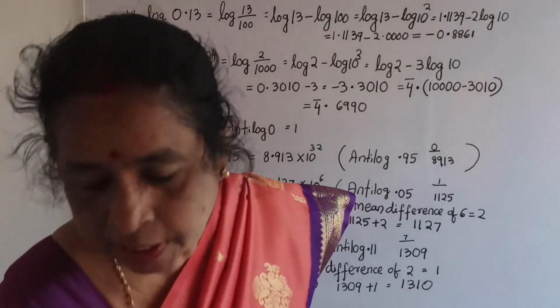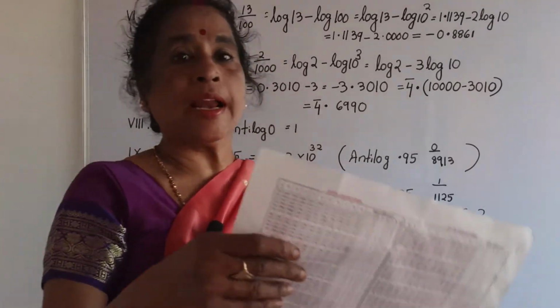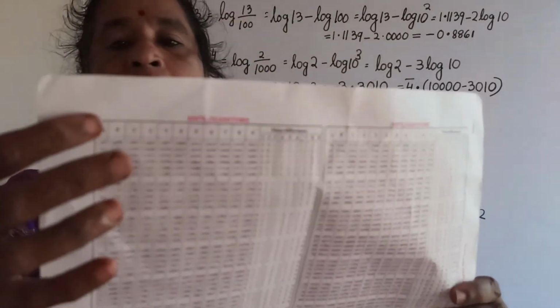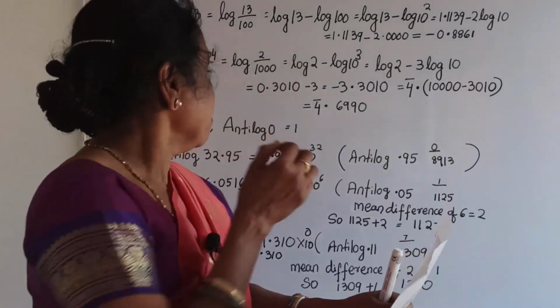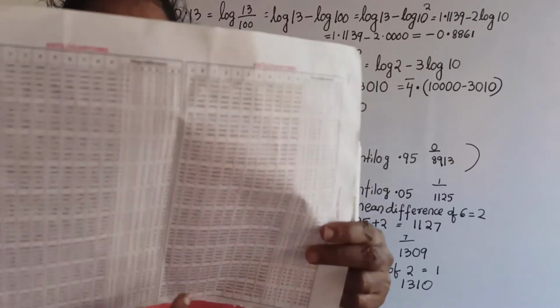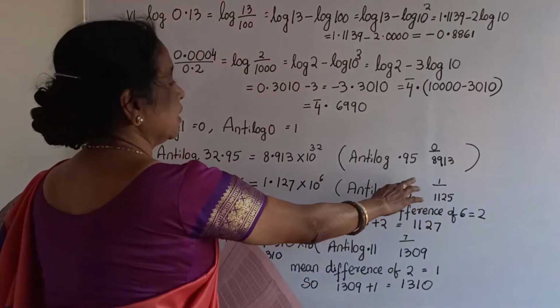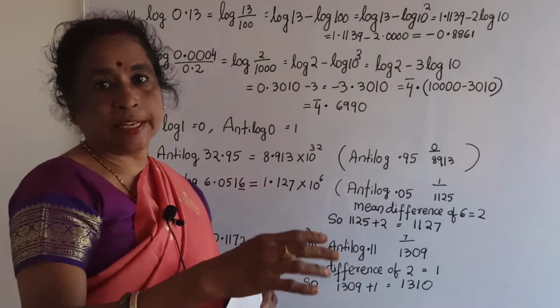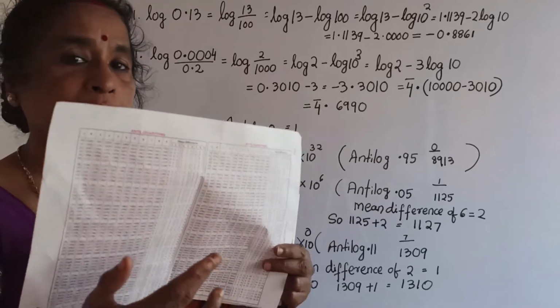Anti-log of 0.95, and you go to 0, then the value written is 8913. The anti-log table starts from 0.00 and ends in 0.99. So you see 0.95 and 0, then where is the meeting point, and what value is written there: 8913.